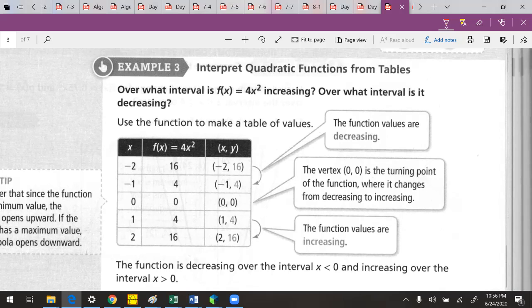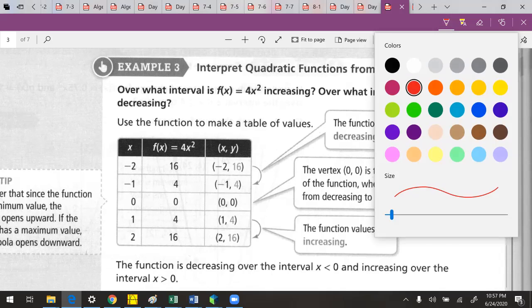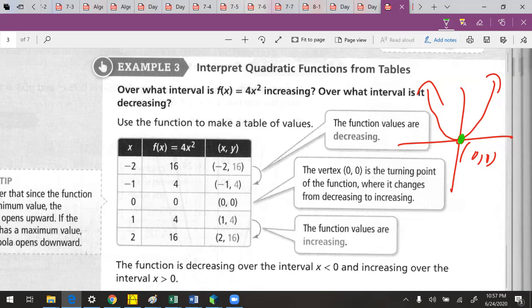So here we go. Over one interval, is this graph increasing? Well, we already know what the graph's going to look like. We actually don't even need to make a table because we know, first of all, for 4x squared, there's your vertex, 0, 0. When is your graph going up? Well, notice how it's changing direction right here. This is where it's going in the upward direction. So we can say, as x is getting bigger than 0, that's when it's increasing.